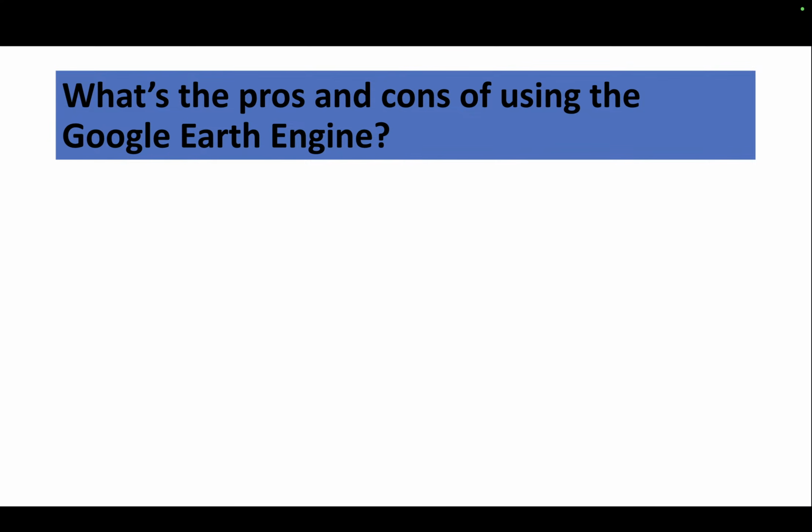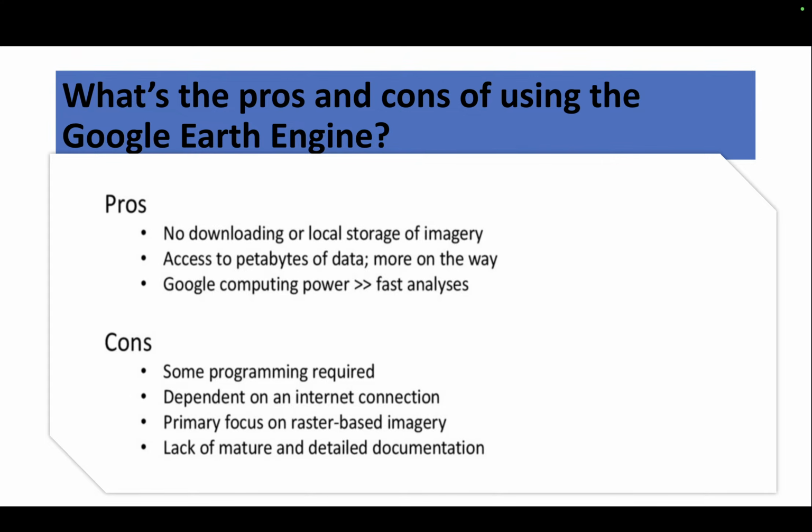And what are the pros and cons of using Google Earth Engine? Basically, there are a lot of advantages. First of all, you don't need to download any kind of satellite imagery. This is the best benefit of cloud computing. It can be Landsat or Sentinel, you don't need to download any imagery.